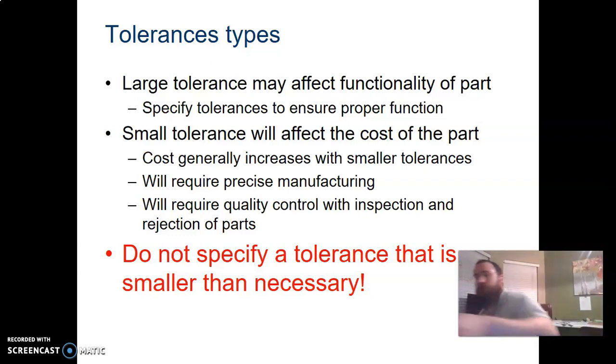My wallet over here needs to be toleranced so that cards can fit in here. But if you notice, they have room to wiggle around. So it can have a little bit of a tolerance, a large tolerance, and it would still fit credit cards and debit cards and IDs and stuff like that. That would still work, even if it had a large tolerance.